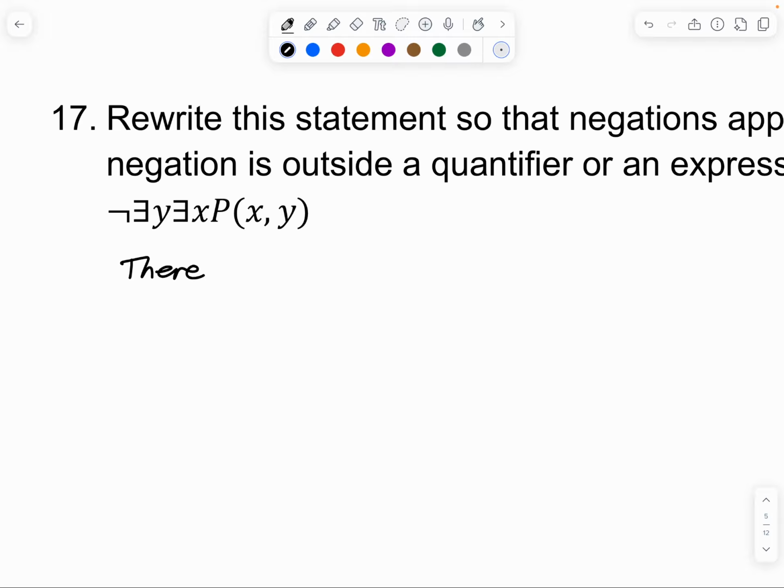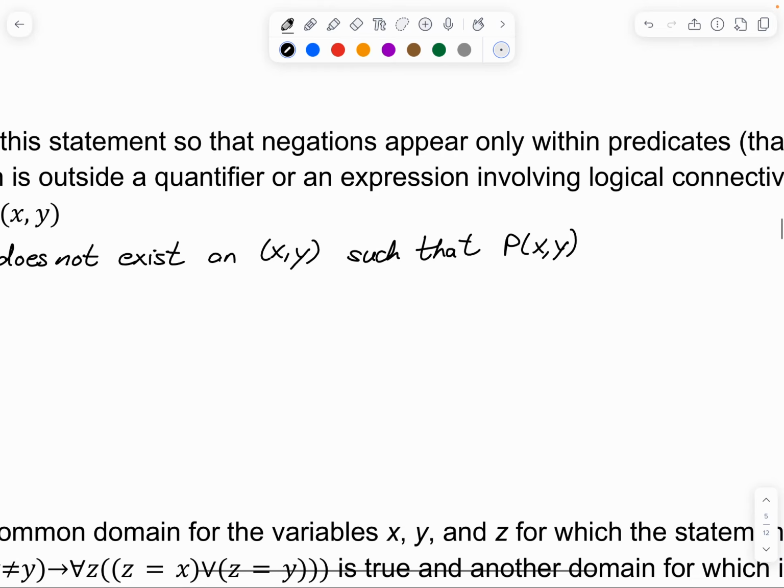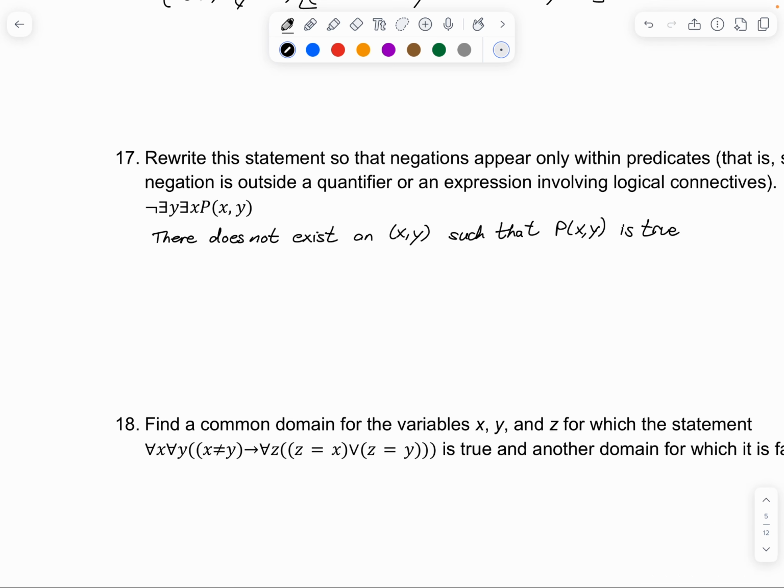I'm going to write that. In English, it says there does not exist an x, y such that P of x, y is true. In English, that's what we're saying. There does not exist one.